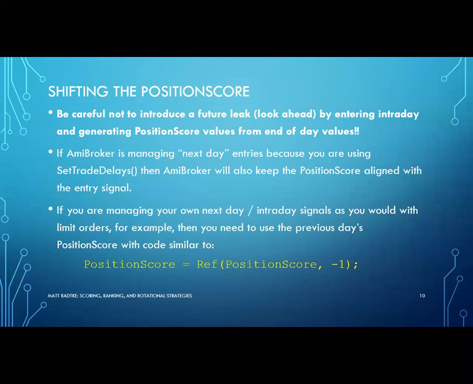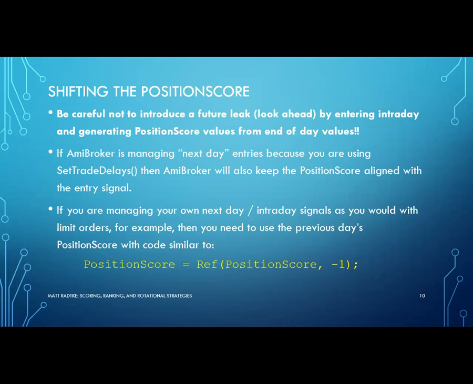So the rule is, if AmiBroker is managing your next day entries, for example, because you're using set trade delays, then AmiBroker will keep the position score aligned with the entry signal. And by entry signal, I mean either your buy signal or your short signal. So you don't have to worry about shifting it.